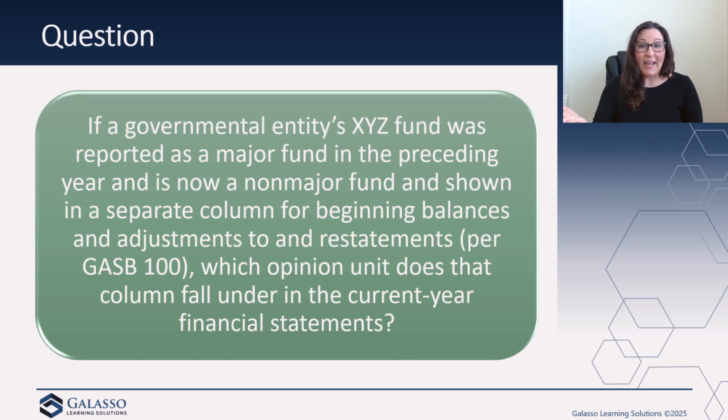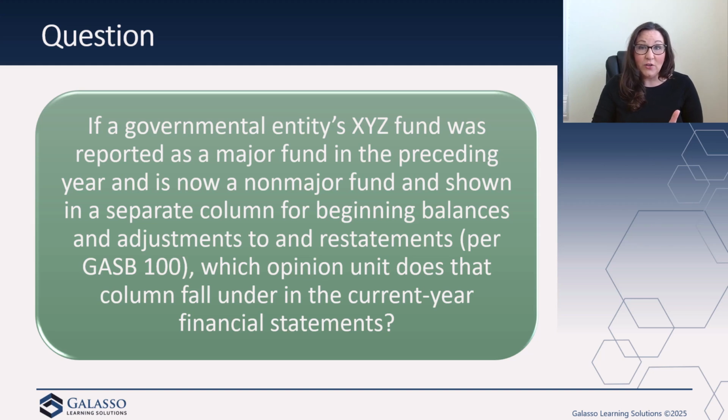So the question that came up from this guidance was, if a governmental entity's XYZ fund was reported as a major fund in the preceding year and is now going to be a non-major fund, so we're going from major to non-major, to comply with GASB 100, the entity needs to present a column for the XYZ fund in the current year's statement of revenue, expenditures, and changes in fund balance.